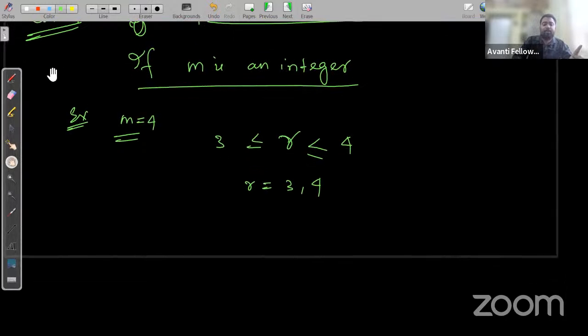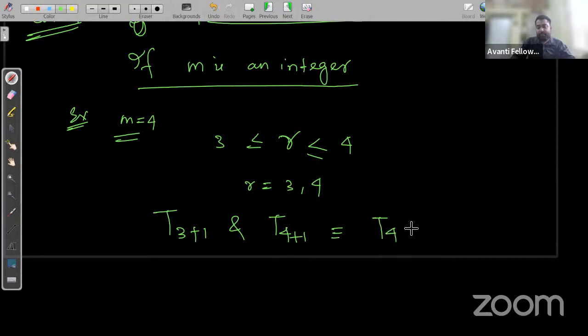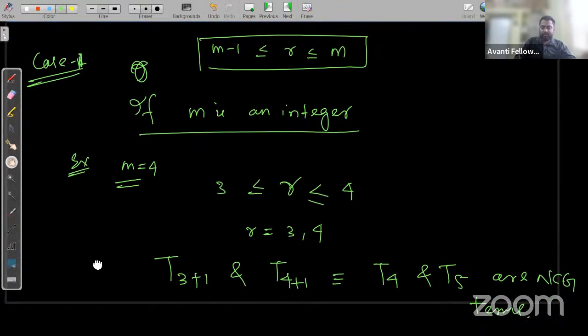That means the numerically greatest terms are t3 plus 1 and t4 plus 1, those are t4 and t5. Okay, this is the first case. Guys, clear? This is the first case.